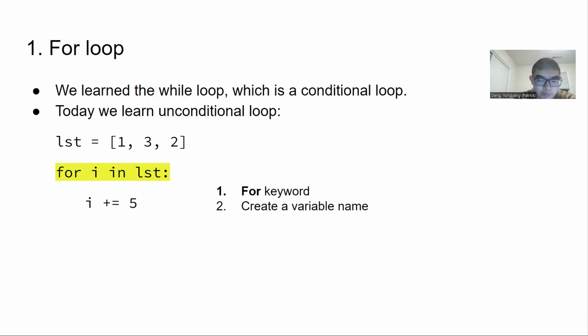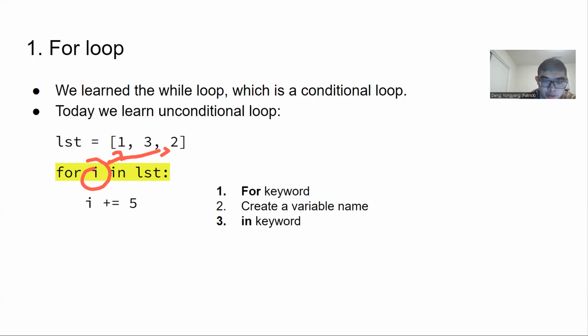But here, we create a variable name that represents a single element in the list. Suppose i can be 1 and i can be 2 in this example.